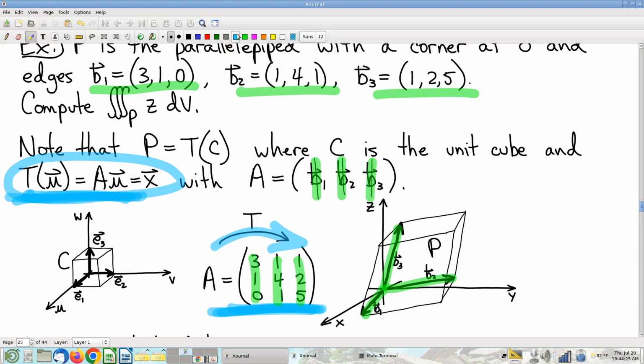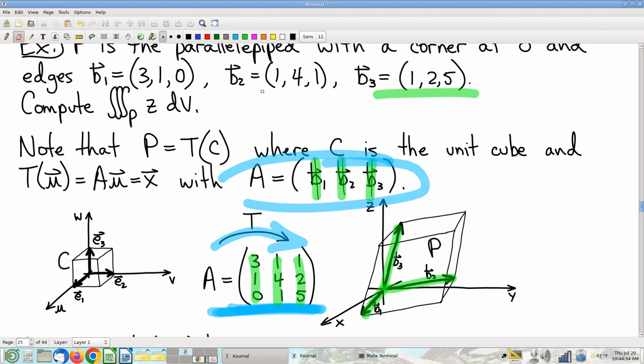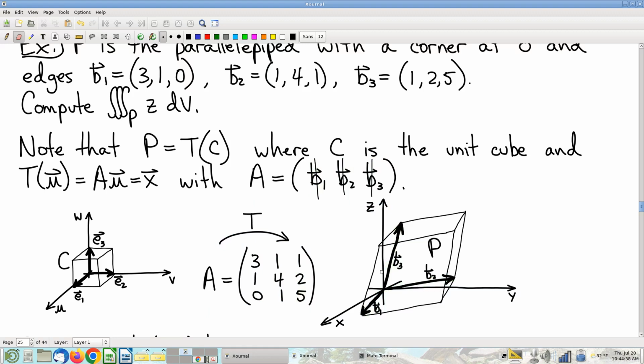So this matrix, again, is the matrix whose columns are those given vectors. So with that formula given, all we have to do to compute this integral, and by the way, let's recognize what a nasty integral this is. An integral over this shape.